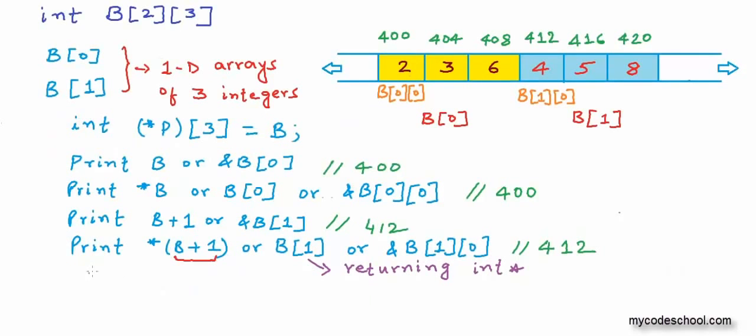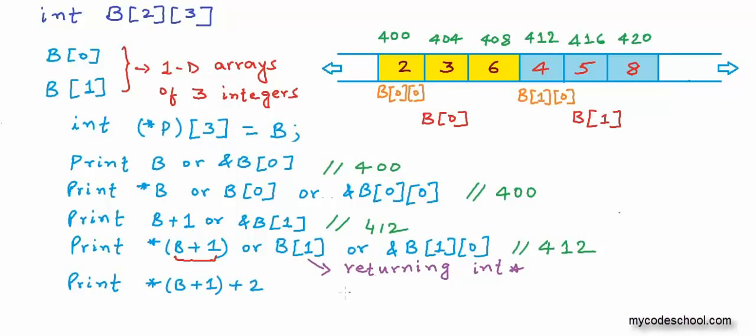Okay, now you need to gear up because I'm going to give you some tough ones to decode. What will be the output if I print *(b plus 1) plus 2? Take some time and think about it. *(b plus 1), as we saw above, will return an integer pointer to the first integer in b1, to the integer at address 412.